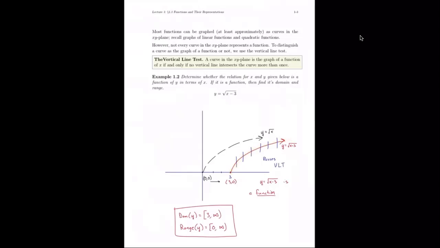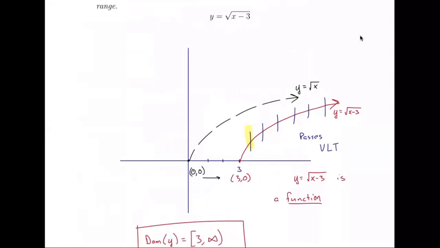I'll get into the details of this example in a moment, but no vertical line should intersect the graph of the curve in more than one place in order for this curve to be a function. It looks like this example passes the vertical line test, and that is actually the case.